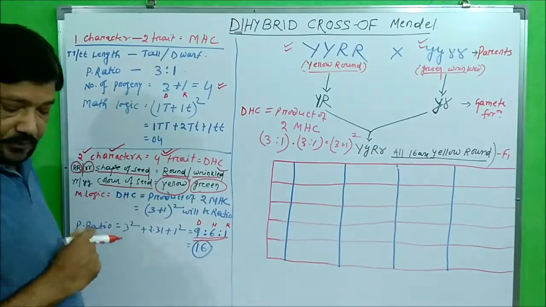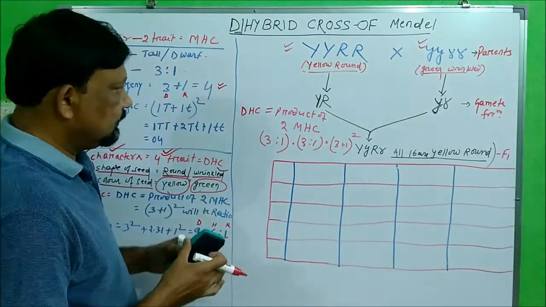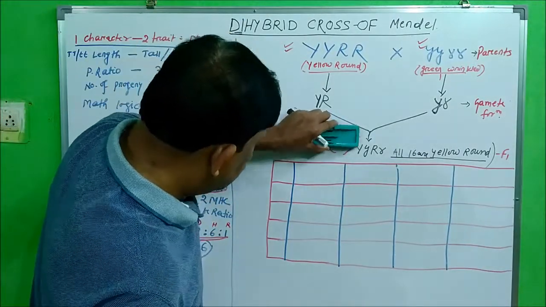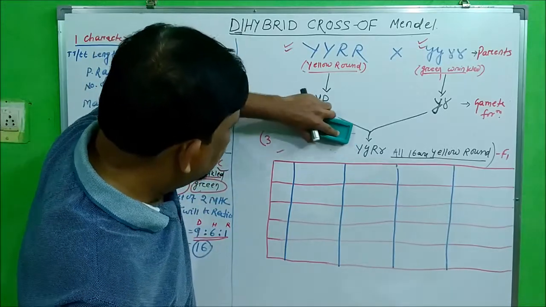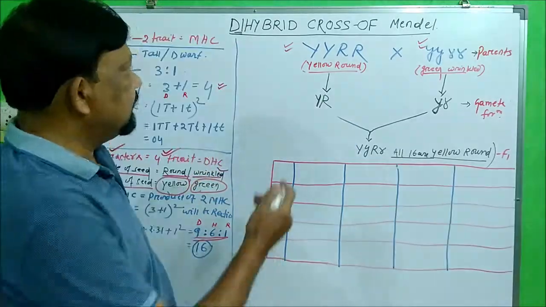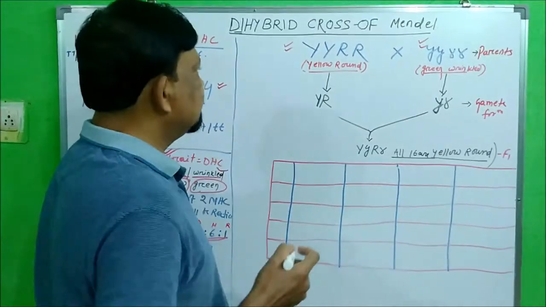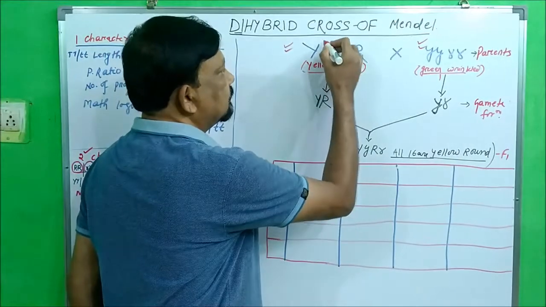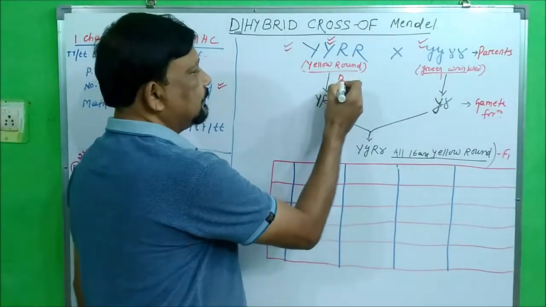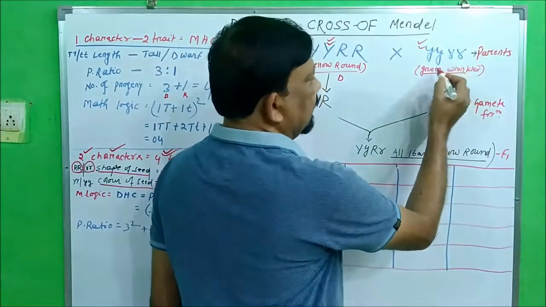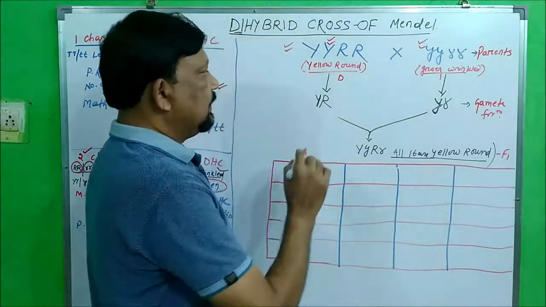So let's see his experiment. First in this Punnett square model, then we will see in mathematical analysis. In this hybridization experiment, he has taken yellow round. There is a pure dominant feature. Another parent is having green and wrinkled.